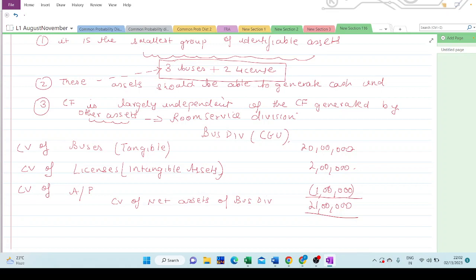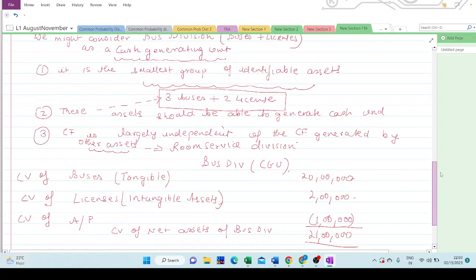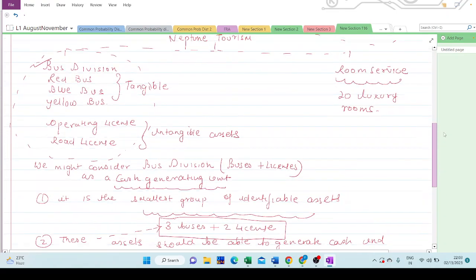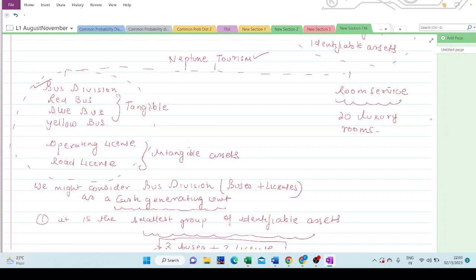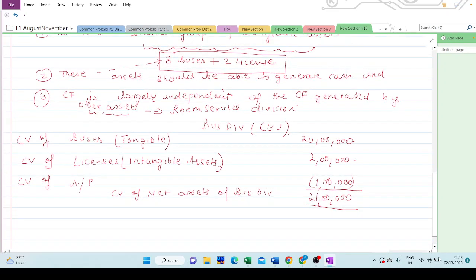Good, sir. Now, please understand that after a business combination, that is, after Neptune Tourism acquired some other company, goodwill will be allocated to the bus division if it would benefit from the synergies of business combination, right?